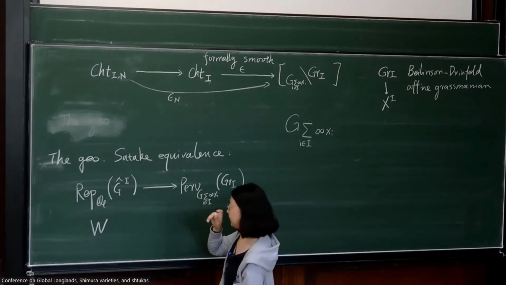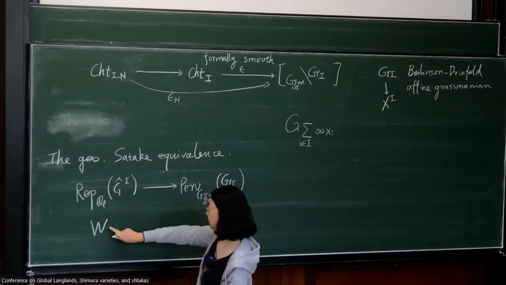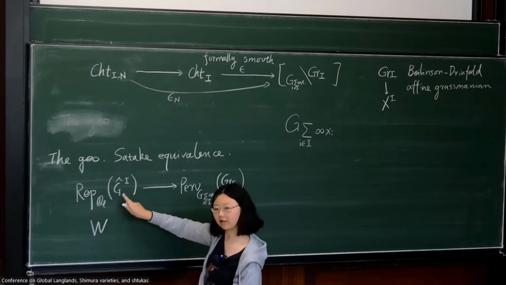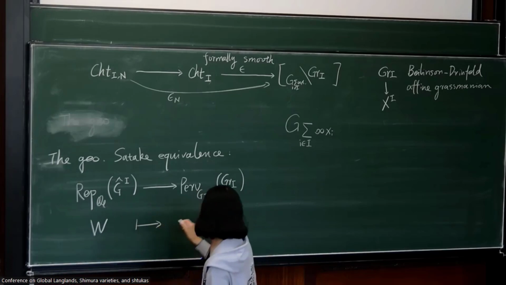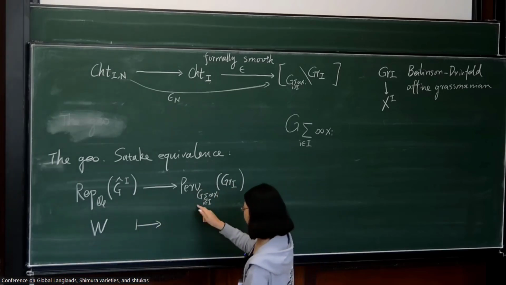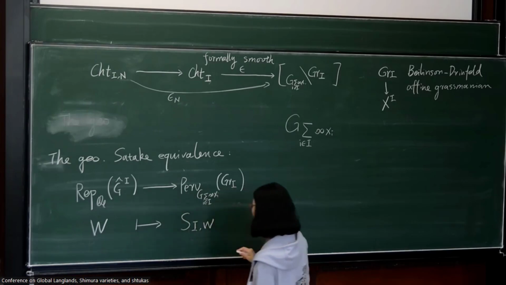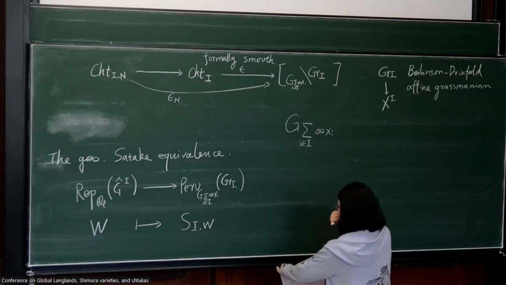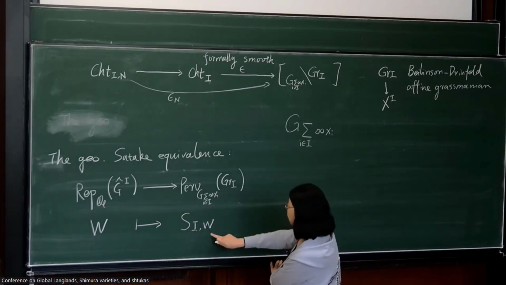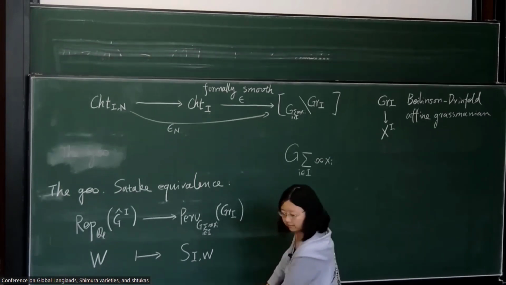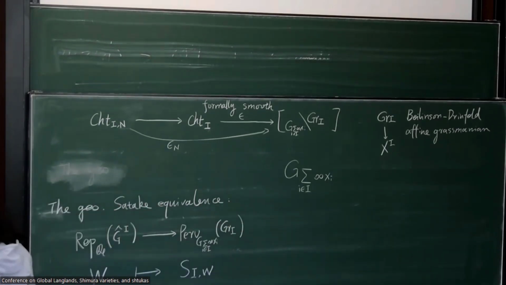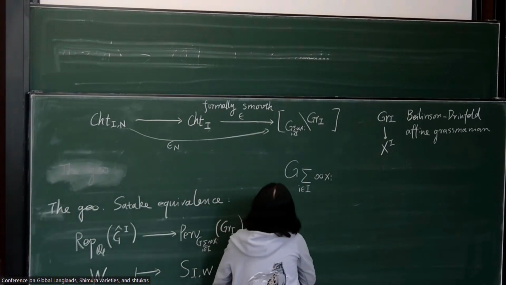And we have this functor which associates to each representation W of I copies of G-hat a perverse sheaf on this, equivariant by this group. We denote it S_{I,W}. So this is a Satake sheaf. So here are the sheaves.